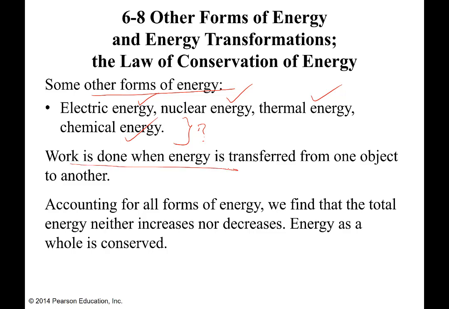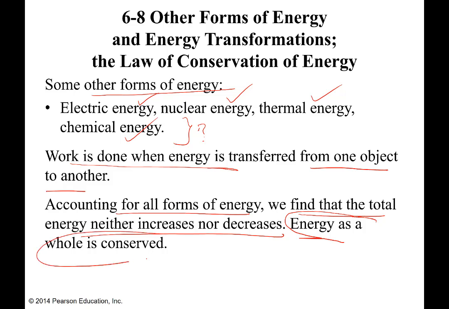Work is done when energy is transferred from one object to another or from one form to another. Accounting for all forms of energy, we find that the total energy neither increases nor decreases. Energy, as a whole in the universe, is conserved. So you cannot isolate energy.